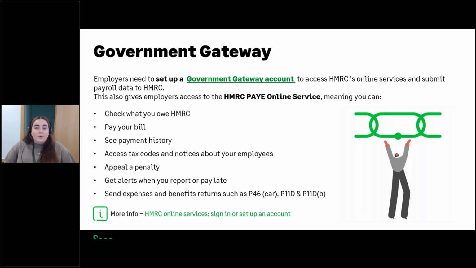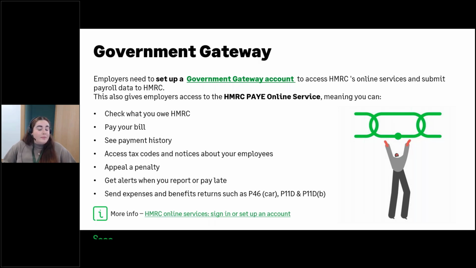This also gives employers access to HMRC's PAYE online service, and that gives you access to loads of handy resources online, such as checking what you owe HMRC, paying any bills, seeing any payment history, accessing tax codes or notices about your employees, and more as well.